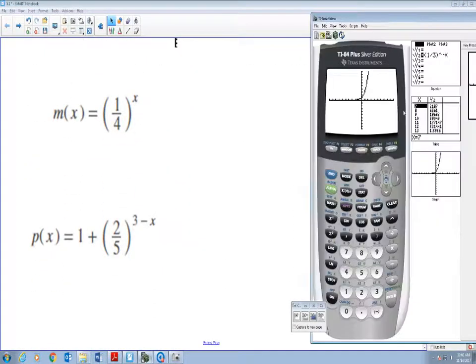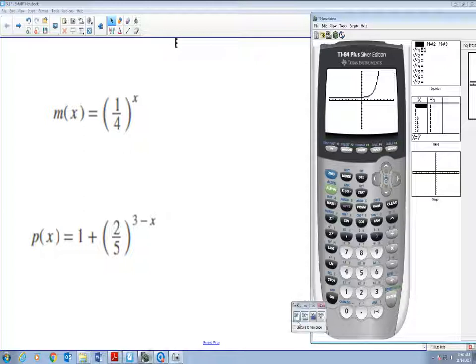All right. So if I graph it real quick, 1 plus parenthesis 2/5 raised to the parenthesis again. This is 2 terms for 1 exponent, so that's 3 minus x. This direction.